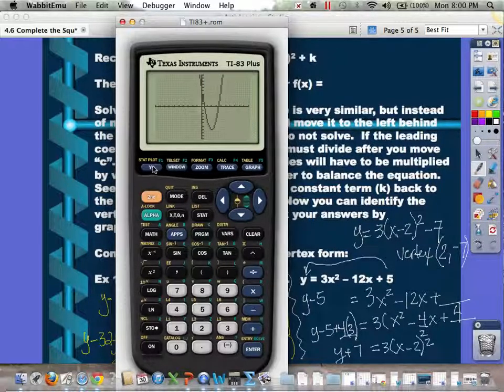Let me just show you what it looks like if I messed it up. Say I go down here and scoot over, and make that a 9. Let's see what it looks like. There's my first parabola. And you see how it had 2?